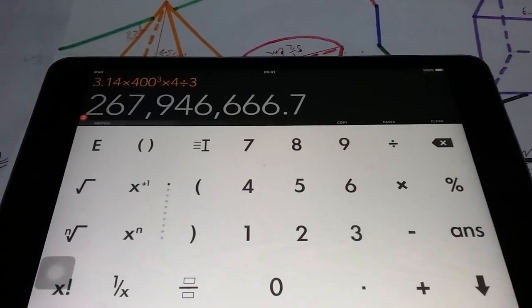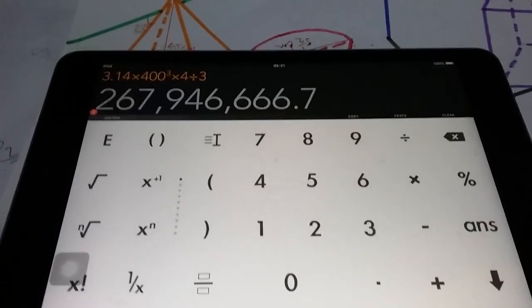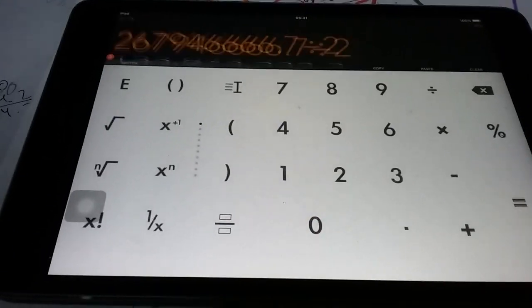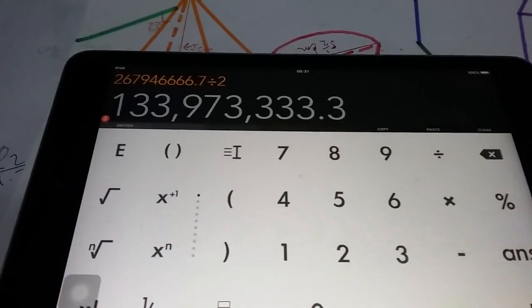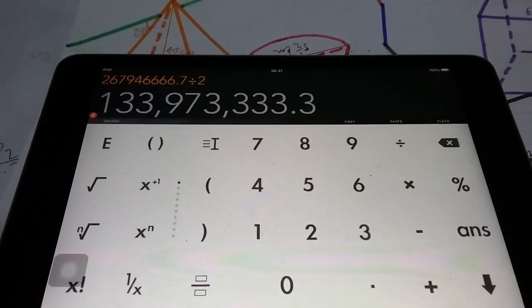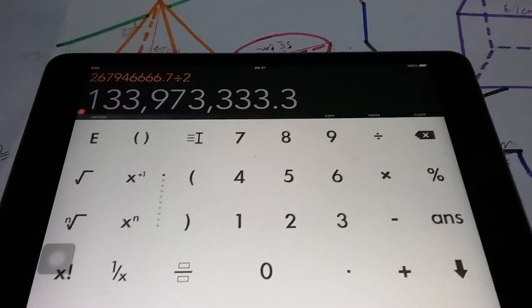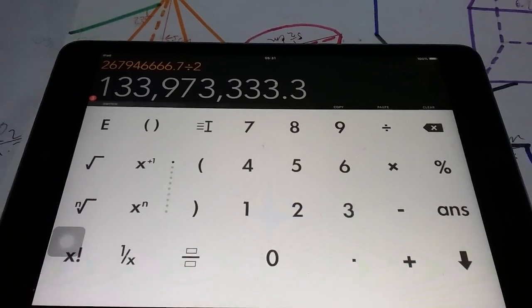But we still need to divide that answer by 2, because since it's a hemisphere, we need to divide this by 2. So dividing it by 2, you should get 133,973,333.333 and a bunch of 3s. So that is the volume of that hemisphere.